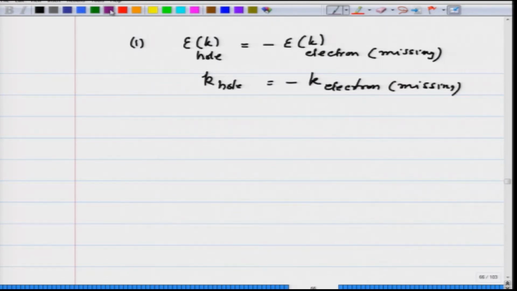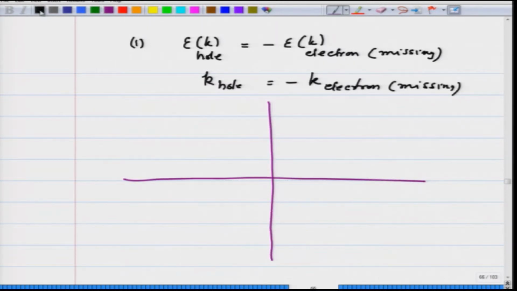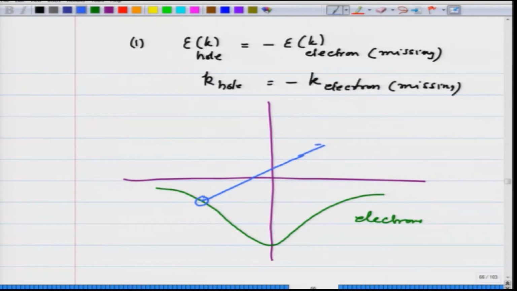Then if I were to make a band picture, if this is the band corresponding to electrons, for each k out here, this is k electron, k hole would be opposite of that, and the energy will be opposite of that.